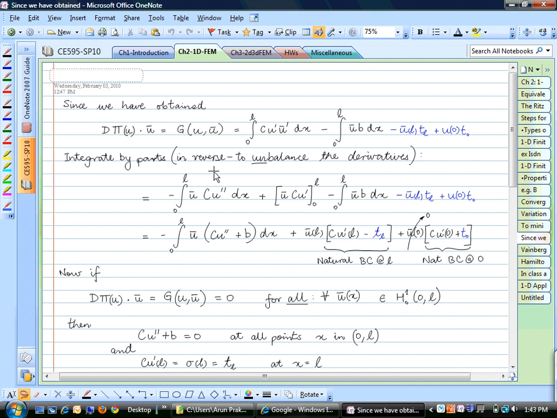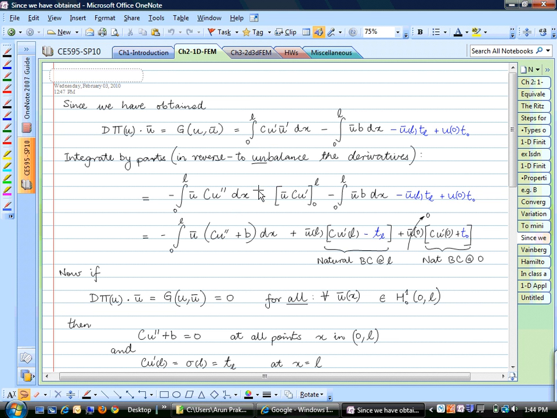And what happens when we do that is, if you take this term and integrate by parts this term. So to unbalance the derivatives, we'll take the derivative on this u bar, transfer it to the real displacement. And if you take the integration by parts of this, you will get this term.